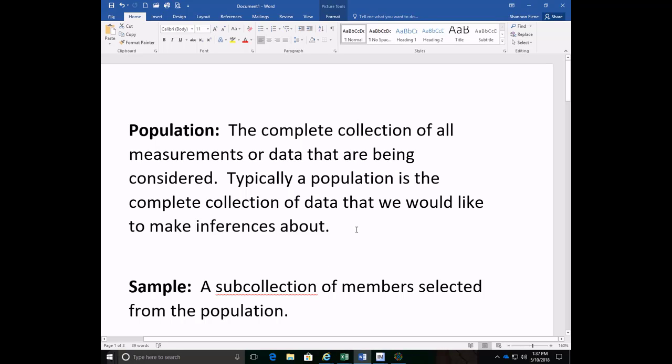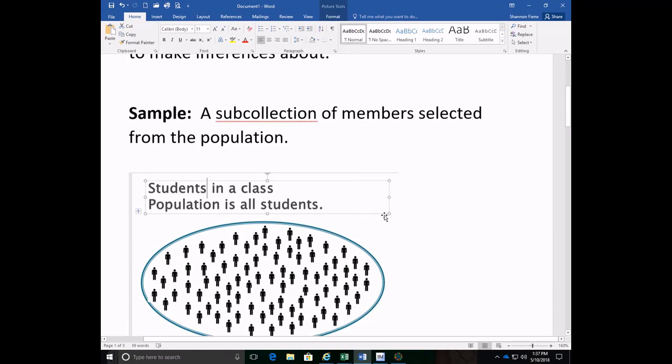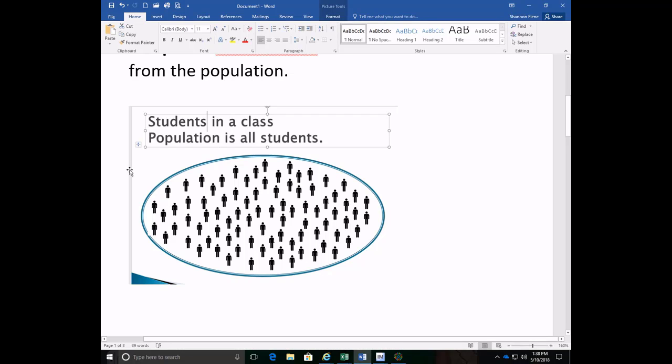Now, the way it works is we have our entire population, and usually it's not reasonable or economically feasible to sample the entire population. So instead, we go out and pick a subset of the population and ask them the question. For example, if I wanted to ask the class a question like, what's your favorite sports team? The population would be the entire class.